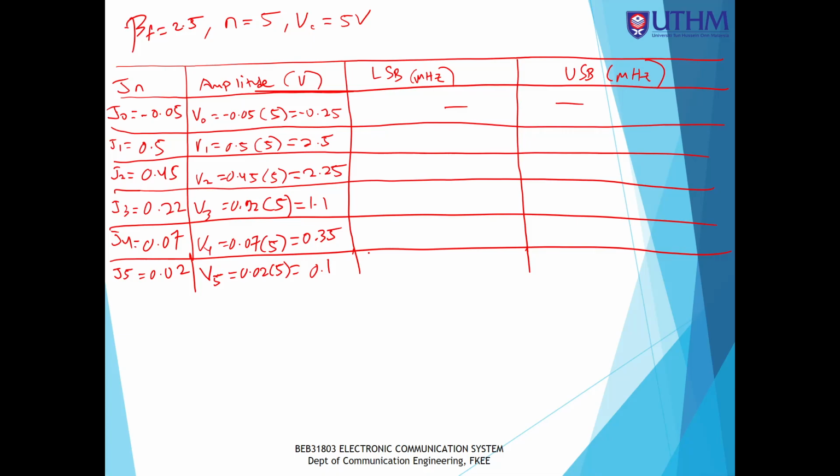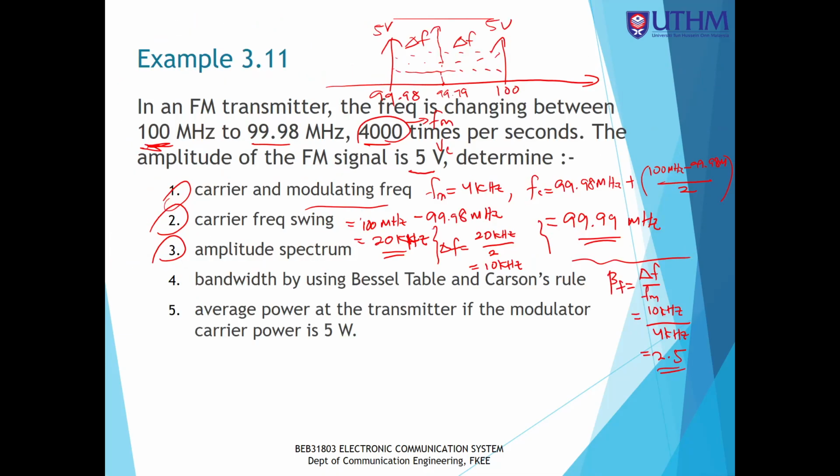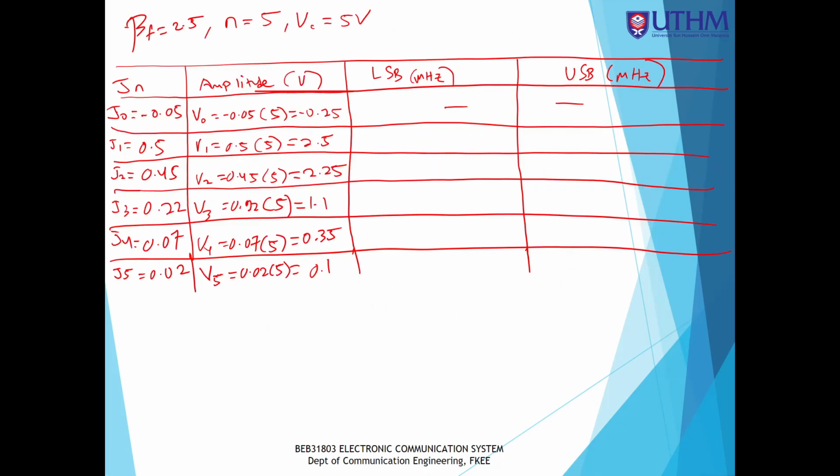Okay, and then what about the frequency? Frequency here, Fm is 4 kilohertz and Fc is given as 99.99 megahertz. Fm is equal to 4 kilohertz.